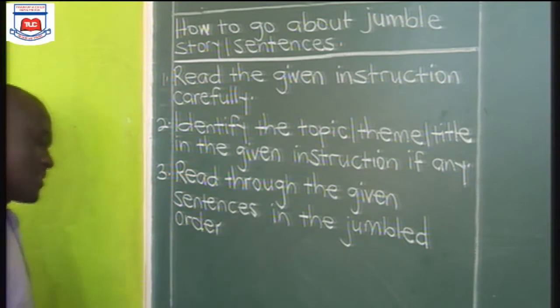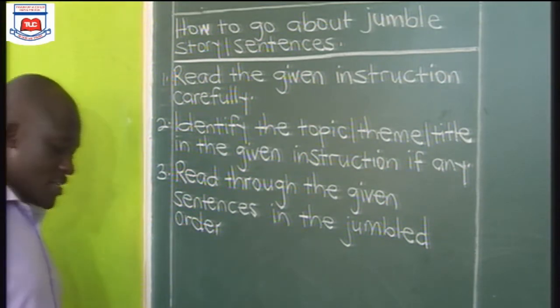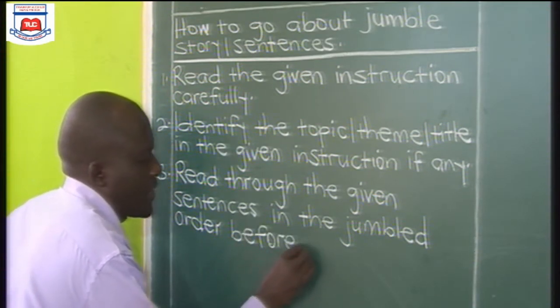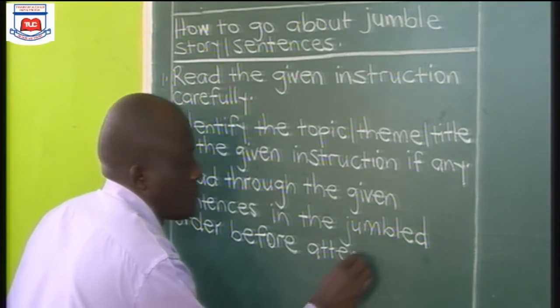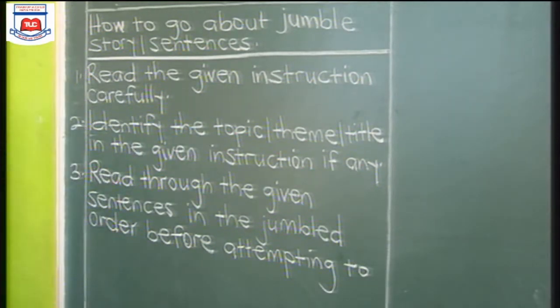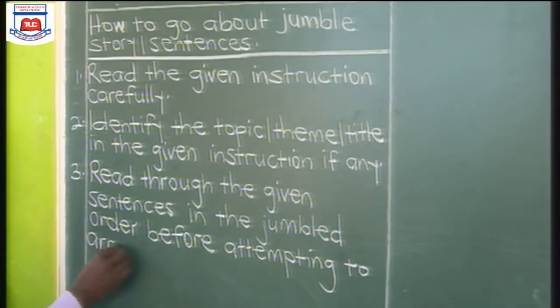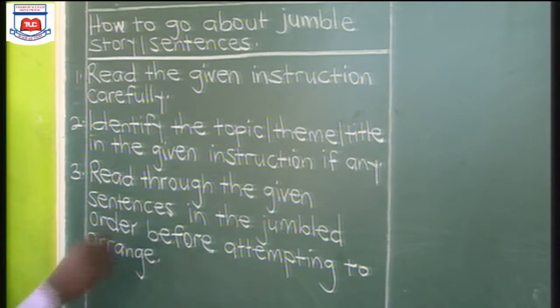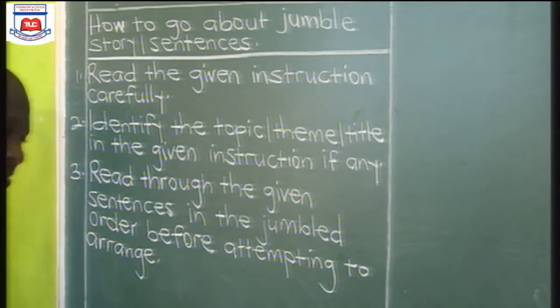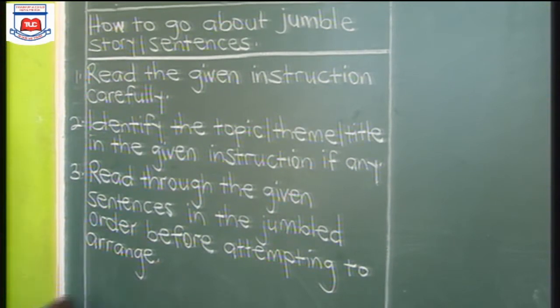As you are reading through these given sentences in the jumbled order, what is the interest? You read through before attempting to arrange. Why do you read through these given sentences in the jumbled order? The interest here is to get some ideas, in case you have sentences that are connecting. You read through each sentence the way it is to get the idea.